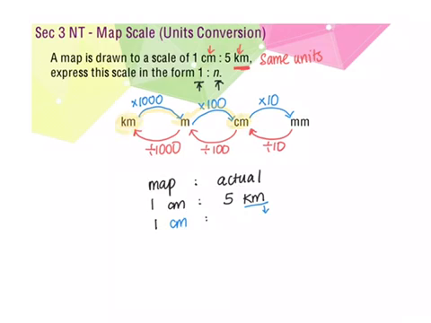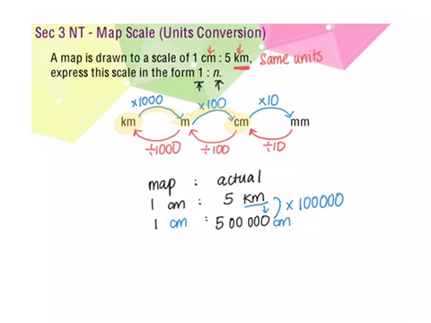So I need to multiply by 100,000, and that will give me 500,000 cm.